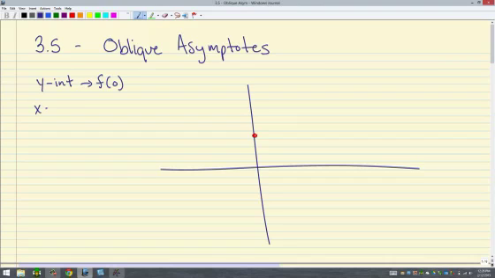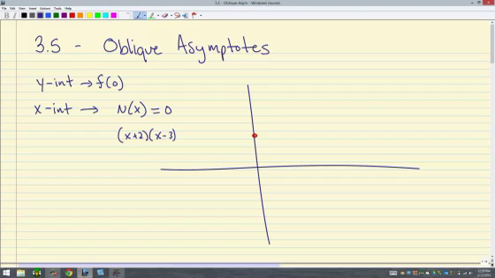We also talked about the x-intercepts, and that was the numerator in a polynomial. If you took that numerator and you set it equal to 0, that would give you the x-intercepts. And many times we gave you the numerator in factored format. So it would look something like x plus 2 and x minus 3 or something like that.